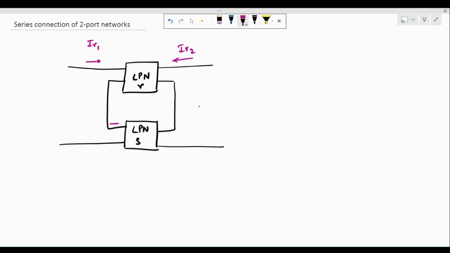And similarly, this is going to be IS1 and this is IS2. Now, it'll be interesting to note that we are going to consider this particular voltage as VR1 and this voltage as VR2. Similarly, this is VS1 and VS2.